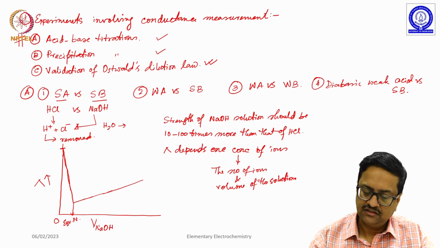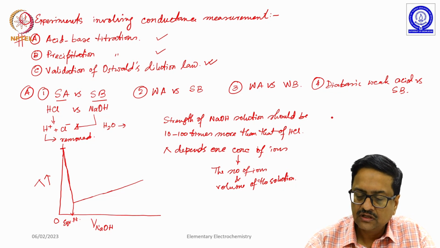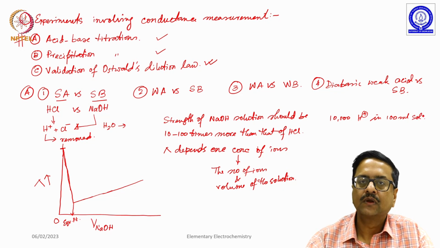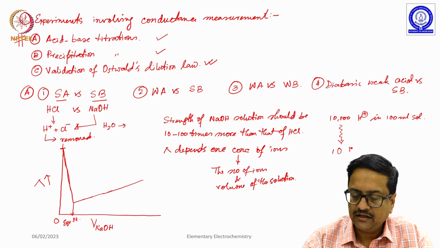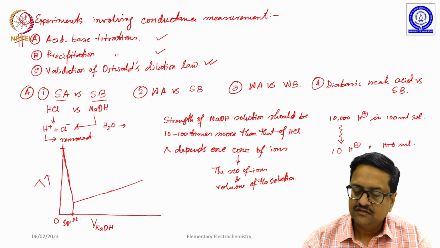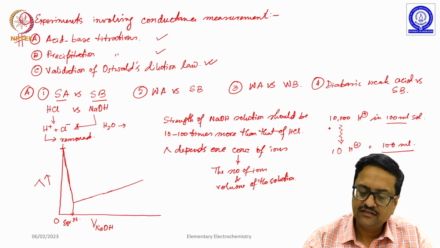Suppose I have at the beginning, for example, 10,000 H plus ions in 100 ml solution. During this neutralization, to a value of 10 H plus ions in 100 ml solution, I am fine because the volume does not change, so I can easily calculate the change in concentration.